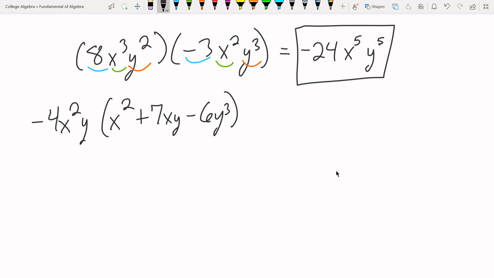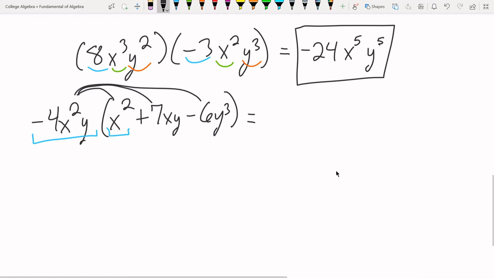To do this, all we have to do really is distribute the monomial into each one of the trinomial's terms. So we'll do the blue first. We really just have an x squared times an x squared on the inside, giving us x to the 4th times y. Nothing else really changes there.